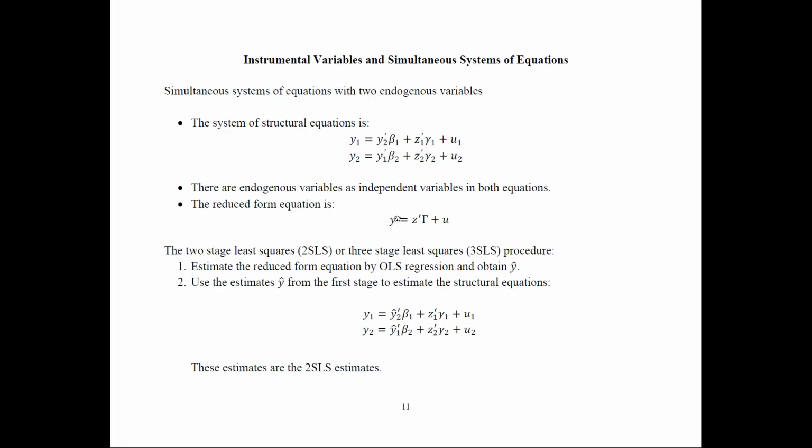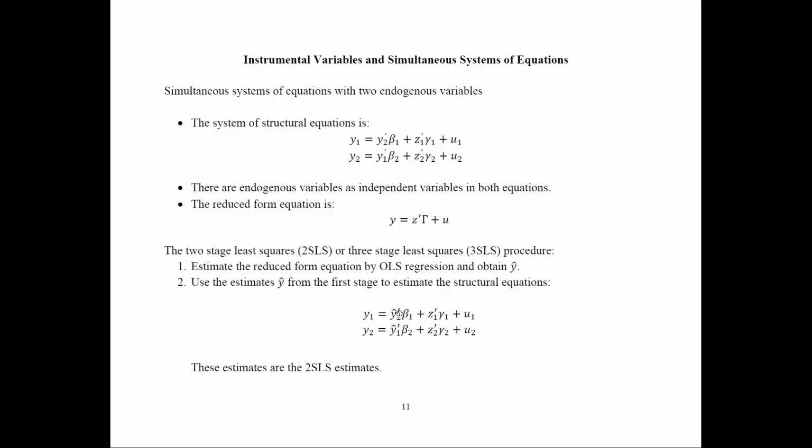And so once we have y hat, we will use these estimates y hat to estimate the structural equations. Here everything is the same as above, except that instead of using the original variable, we would use the predicted values using all the exogenous variables and instruments.